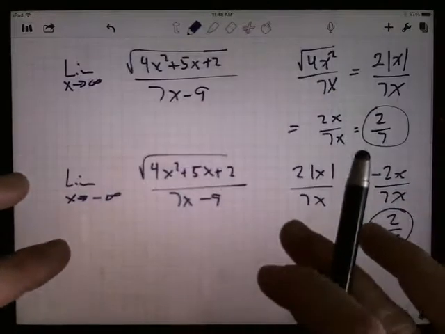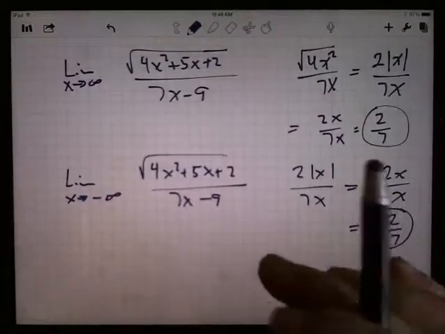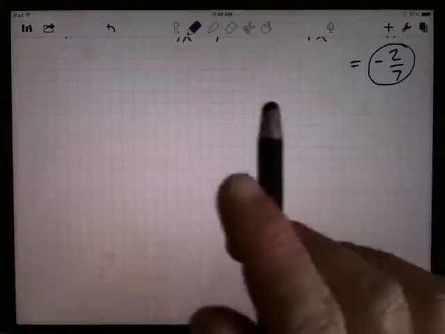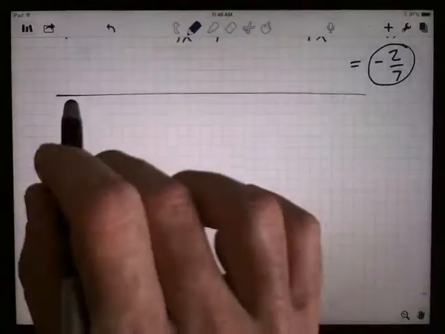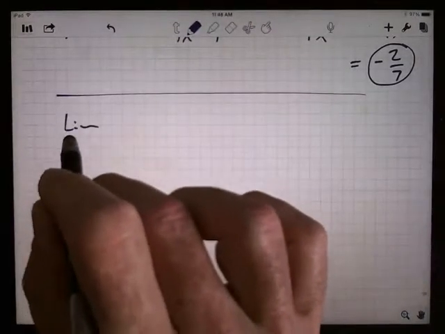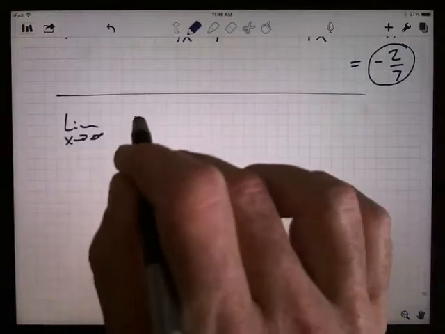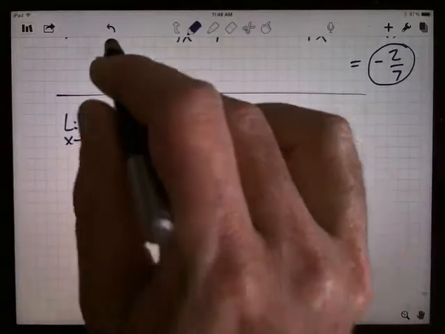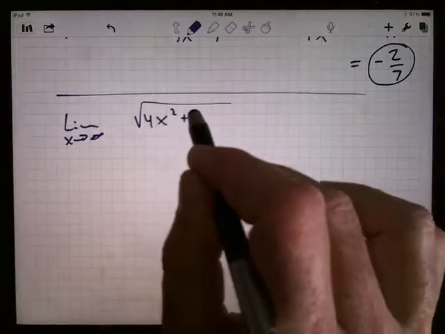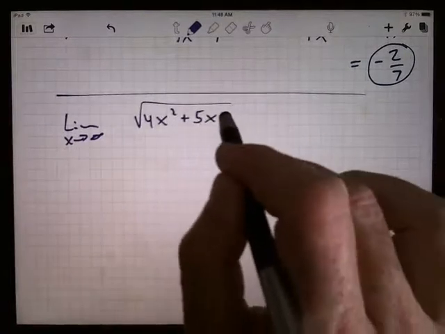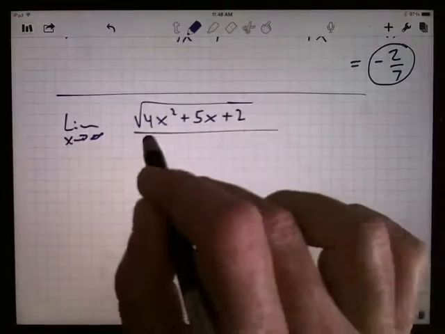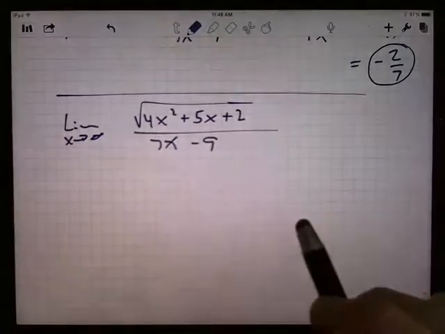I'm going to do the top one again. Let's take a look at that again. I'm taking the limit as x goes to infinity of the square root of 4x squared plus 5x plus 2 over 7x minus 9.